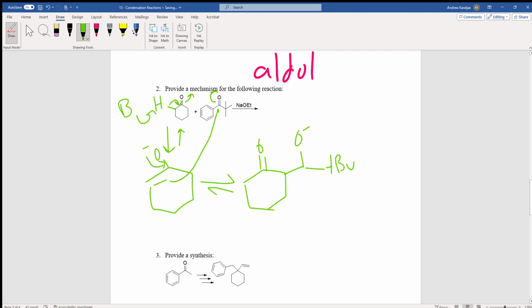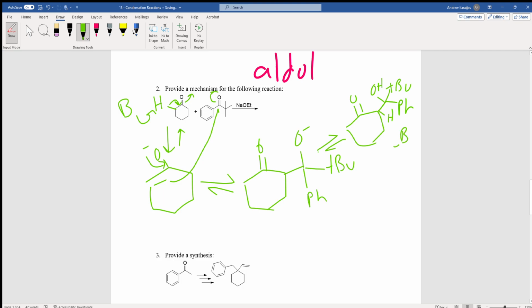And we're just going to abbreviate the groups to make this easier to draw. The oxygen gets protonated. And from here, it's just a matter of carrying out the elimination.